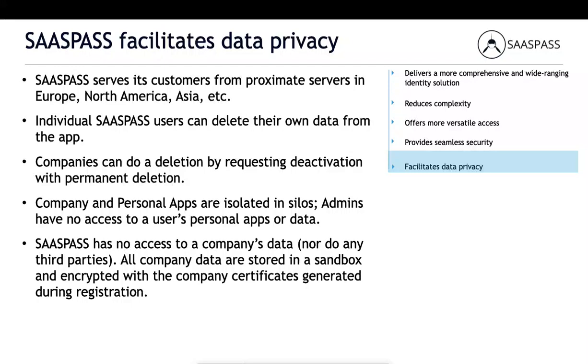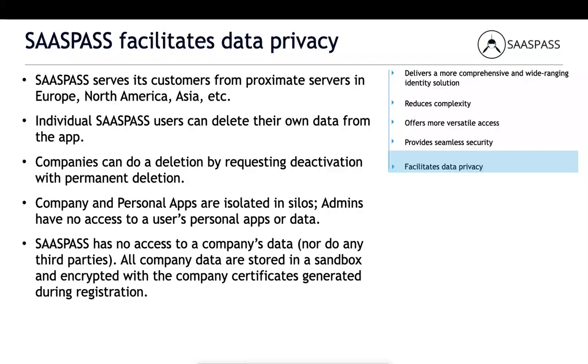For example, an admin could not access or see the authentication code, or remove or add the personal Facebook account of a user that they added in the same SAASPASS mobile application. So the SAASPASS mobile application works for both personal and company applications, but they are strictly isolated in silos.